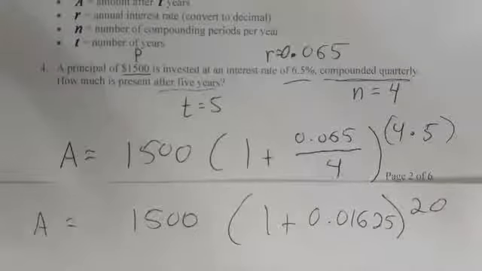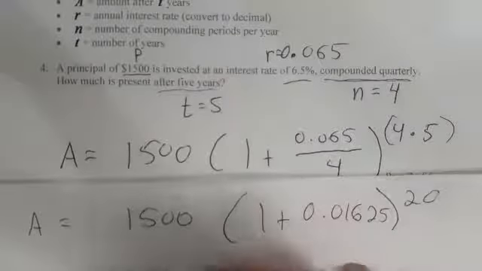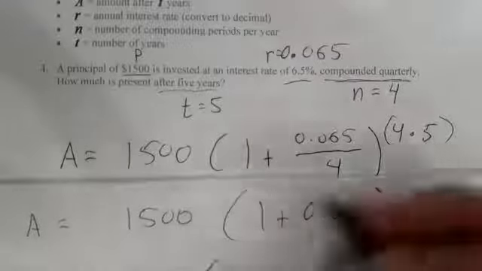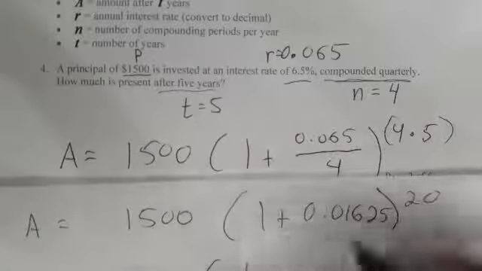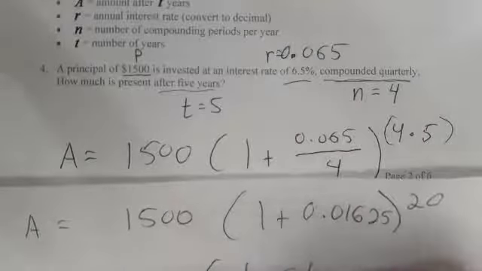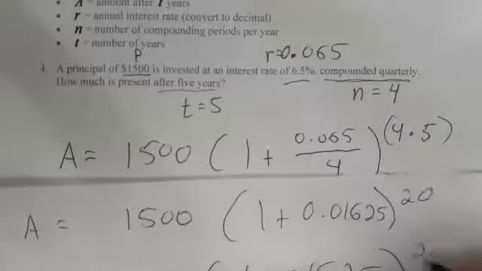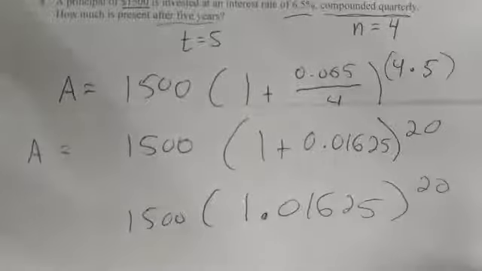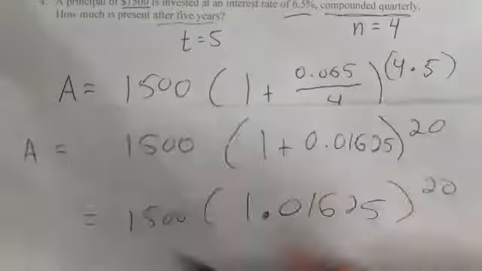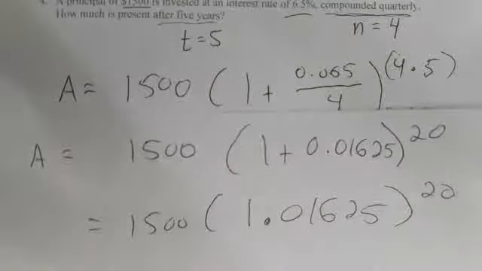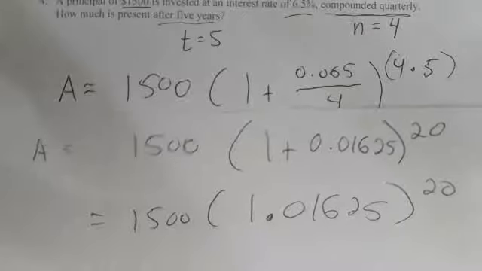Okay, so I'm looking at this thing. What I want to do, I'm going to add these together real quick. Those are going to be really easy to add together. I'm just adding a 1 on top of a decimal.